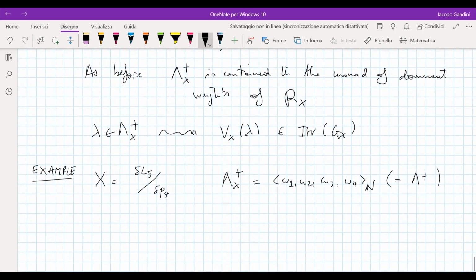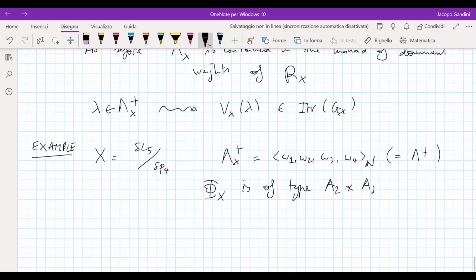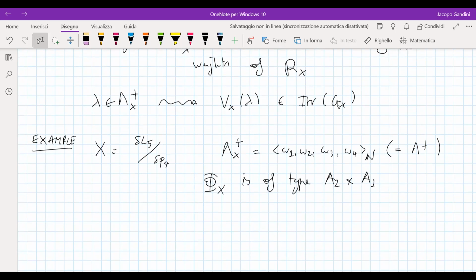Okay, and phi x is of type A2 times A1. What are the roots?